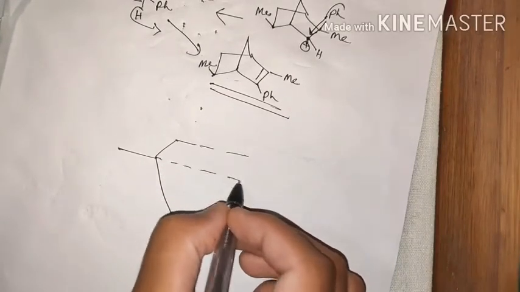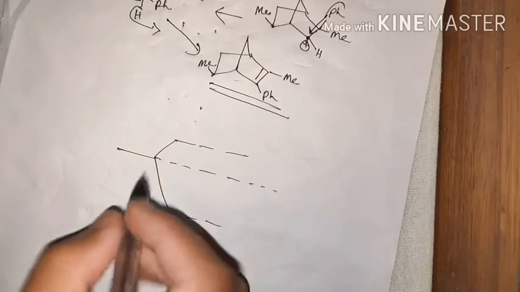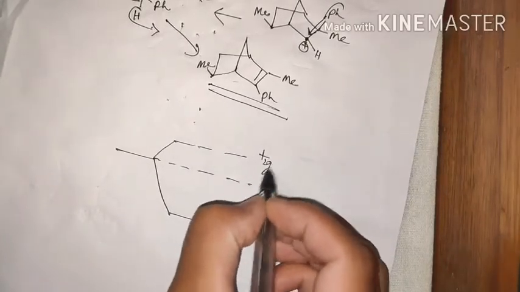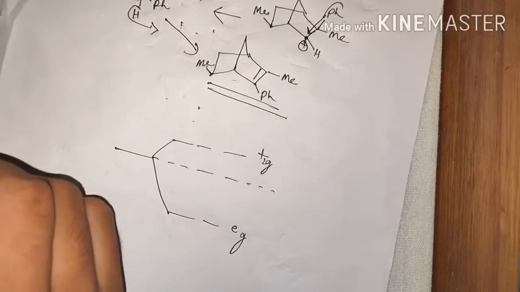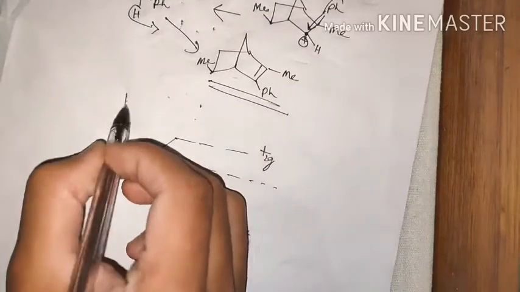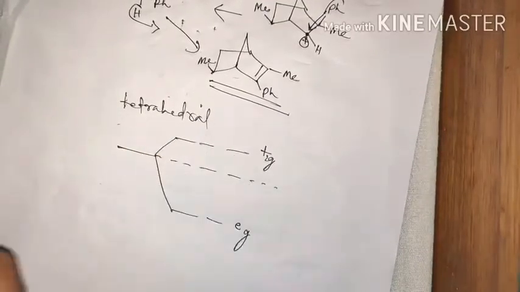Okay, we require the concept of many things here to solve. Okay, this is our T2g and this is our eg. So this is for a tetrahedral complex.